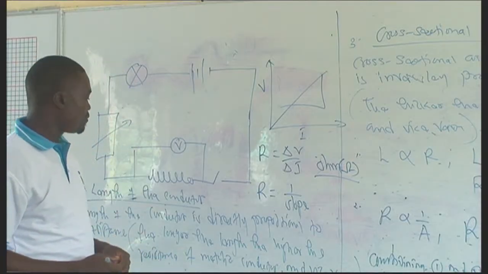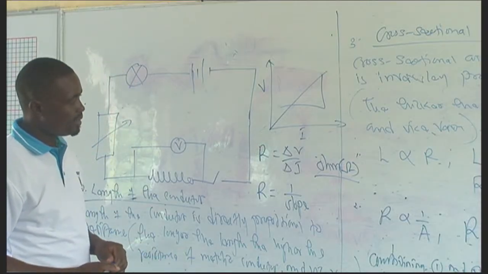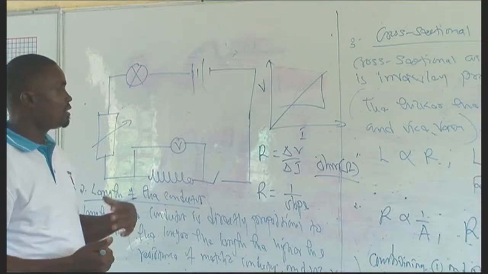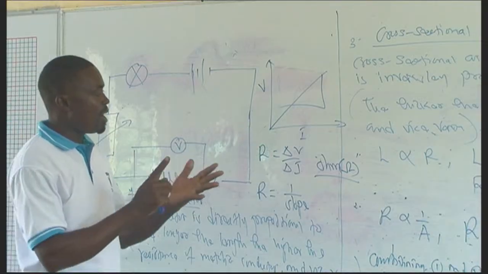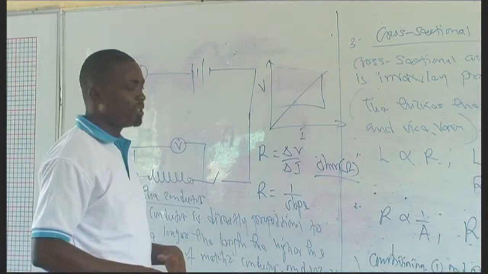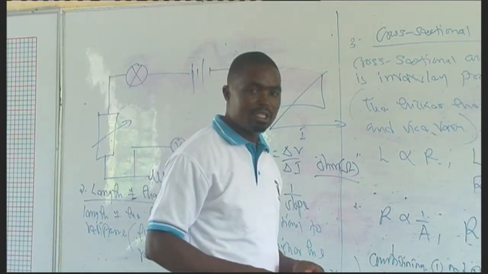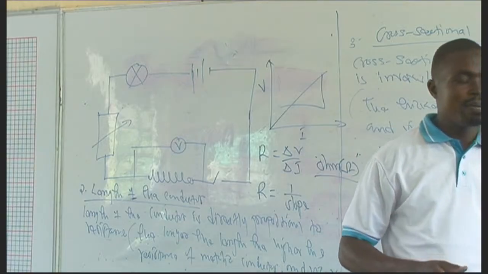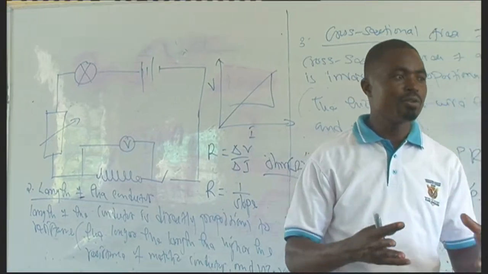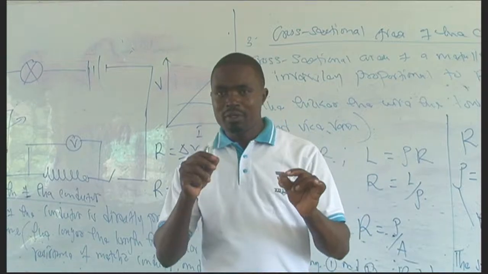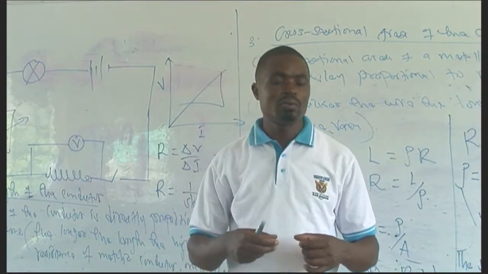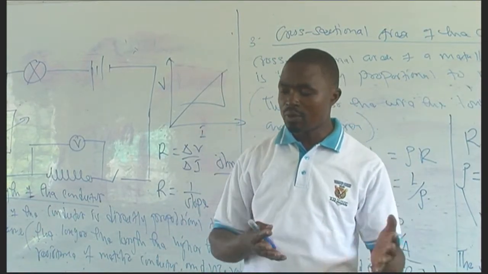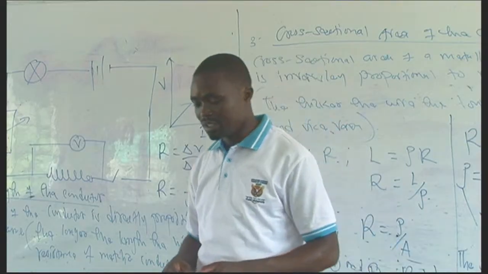Then we also came to factors affecting the resistance of a conductor. We said there are three. One, temperature. When temperature builds up, atoms get excited and start moving, creating collisions with electrons, and therefore they enhance resistance.